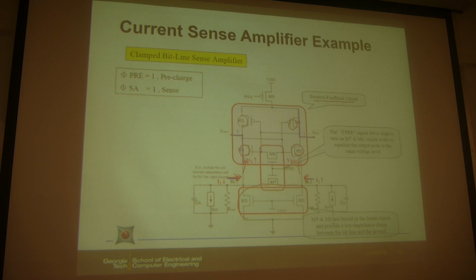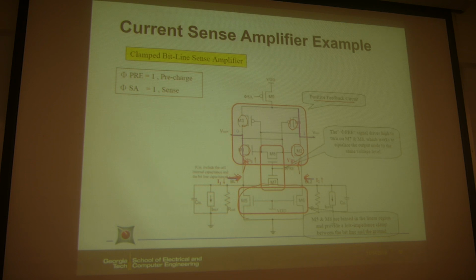So why is this current mode? Any idea? Why is this like a current mode? We discussed that for voltage mode, you want the input resistance of your sense amp to be very large.